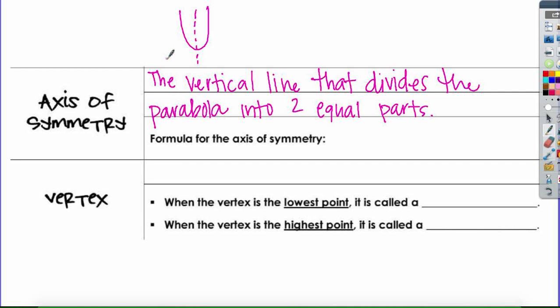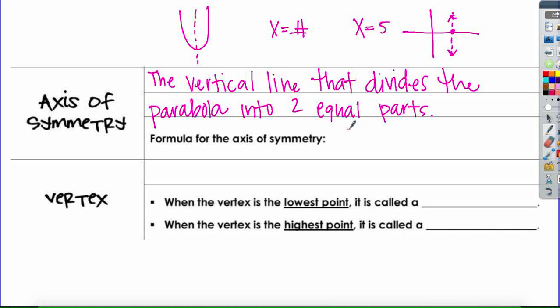We remember that the equation of a vertical line is x equals a number. For example, x equals 5 is a vertical line going through the x value of 5. So all of these axes of symmetry are going to be an equation, x equals a number. Well, there is a formula to find the equation of the axis of symmetry given any quadratic equation.